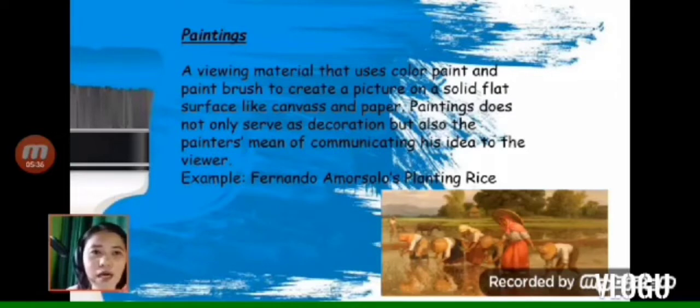So, at the bottom part of this slide, you can see a sample painting of Fernando Amorsolo. It is entitled Planting Rice. Planting Rice is a painting of Fernando Amorsolo that gave us an idea as viewers.